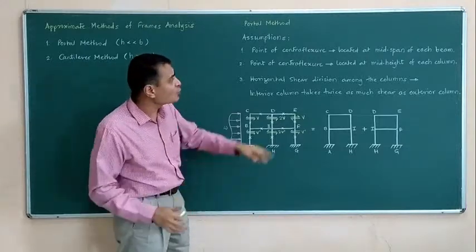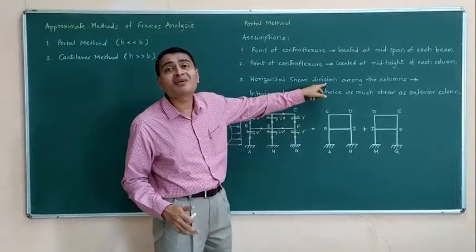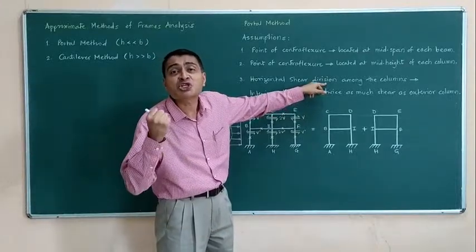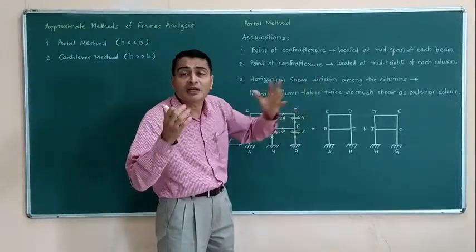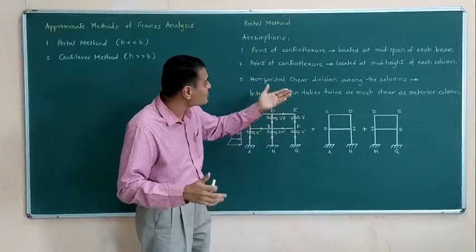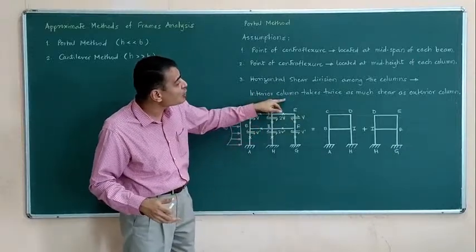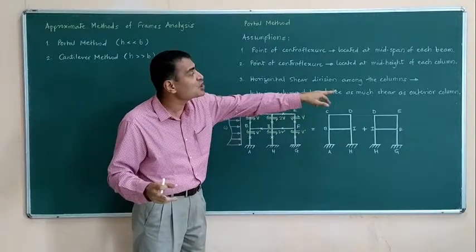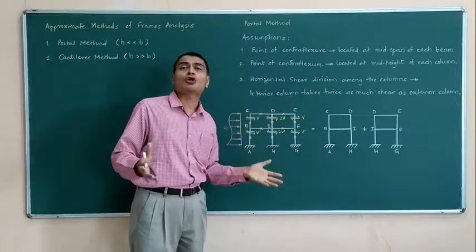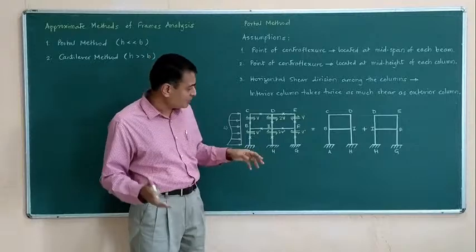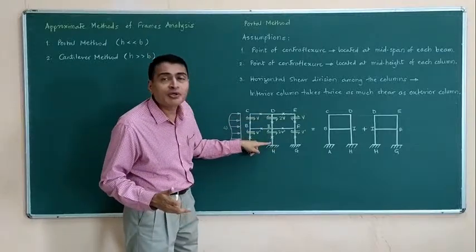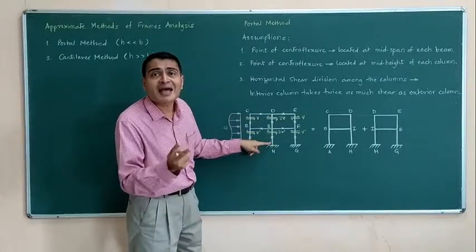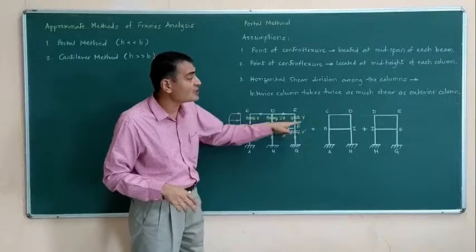What the assumption is about, how is this horizontal shear divided, how is it shared, distributed in the columns? So the assumption is interior column takes twice as much shear as exterior column. This interior column will take double the shear as compared to the exterior columns.